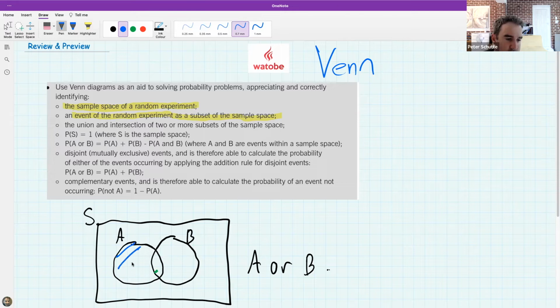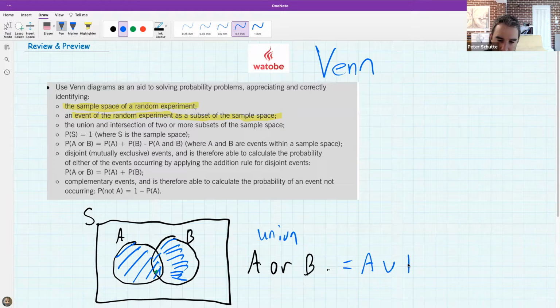It would be everything which is in A or in B. We call that the union of two sets, and we can also write it with a smiley face between those two. You're going to see this notation come up in the lesson today.